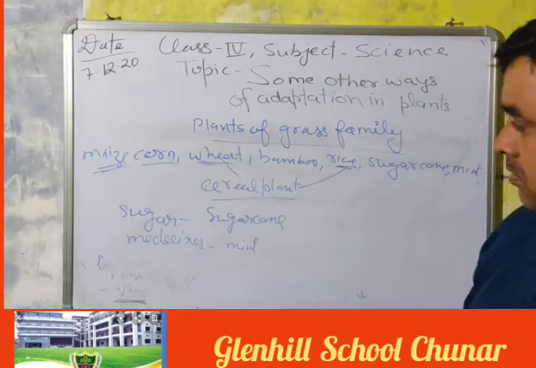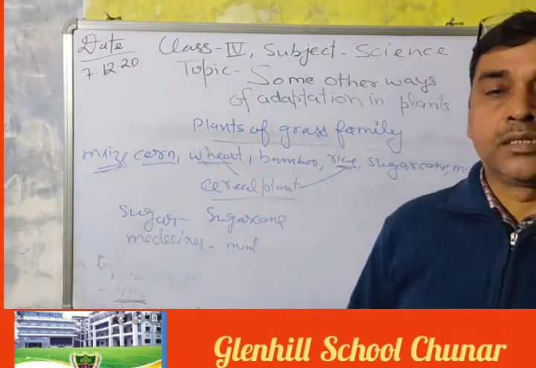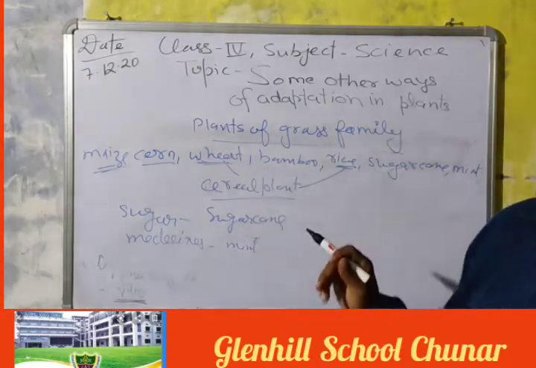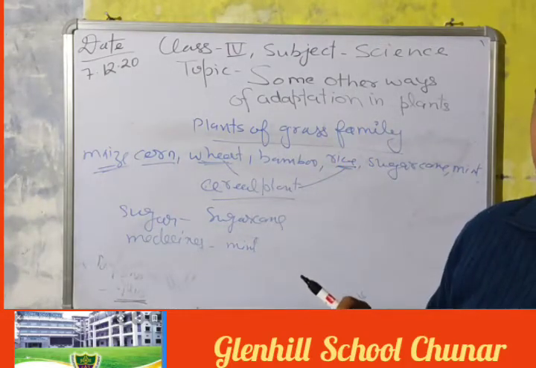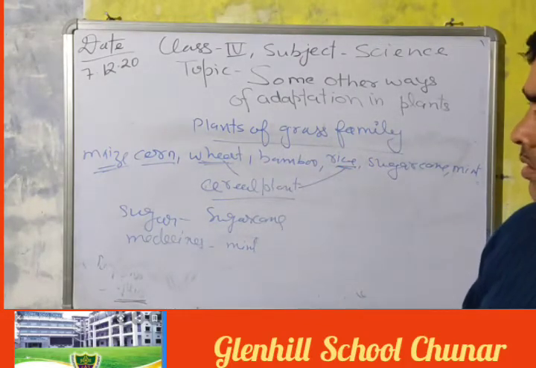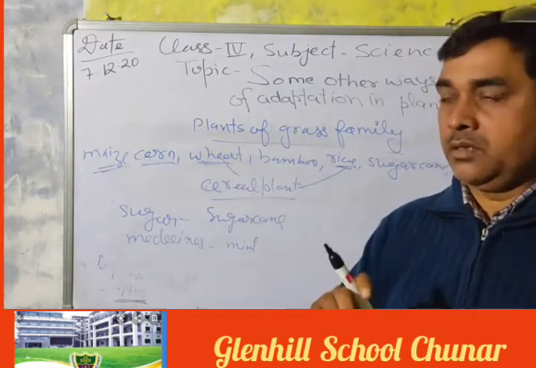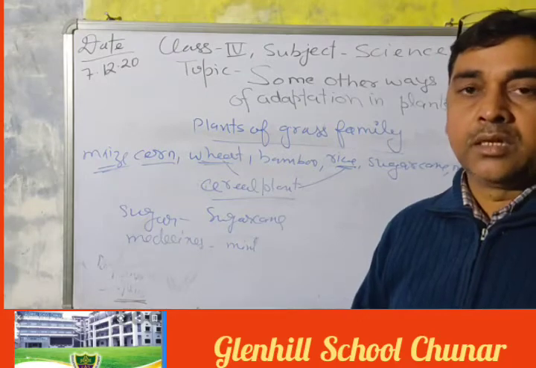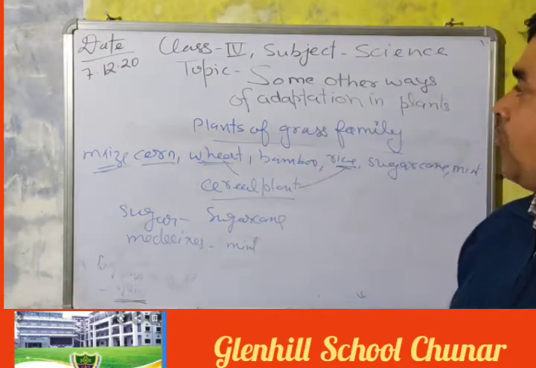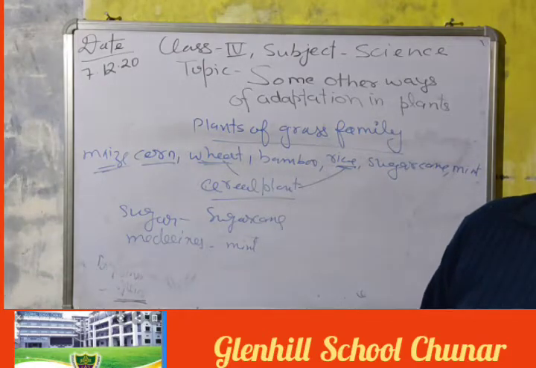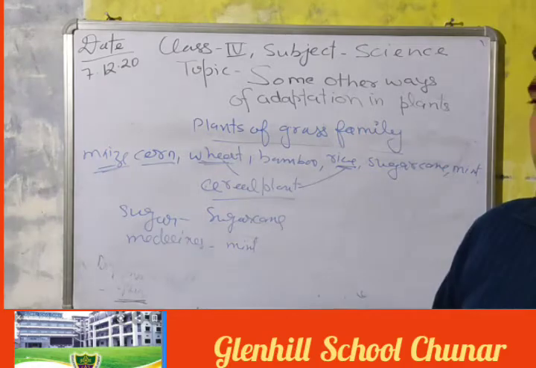So, students, read this, the plants of the grass family and their uses. Now, students, write down the concept check after this topic. There is a concept check given in your book. So open your book, take the pencil, eraser, and sharpener, and write directly in your book.